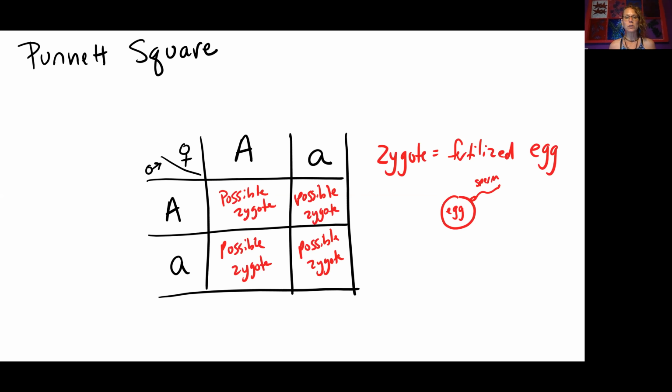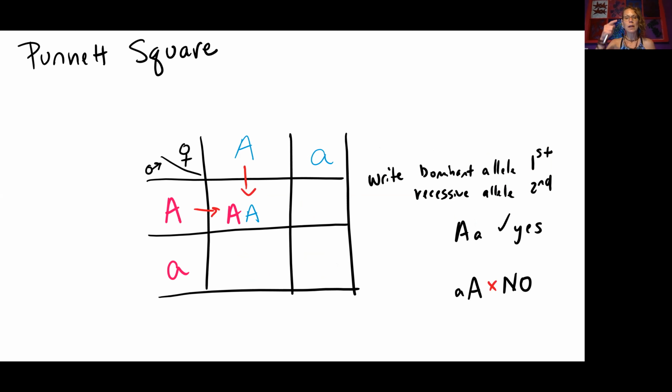So what we're going to be doing next is taking an egg cell and a sperm cell and showing, okay, if this sperm fertilizes this egg, this is the possible zygote, okay? So you can see that I've put that into that first box there. That first possible zygote is capital A, capital A. Now, the only real rule about filling in these boxes is to always write the dominant allele first and the recessive allele second.